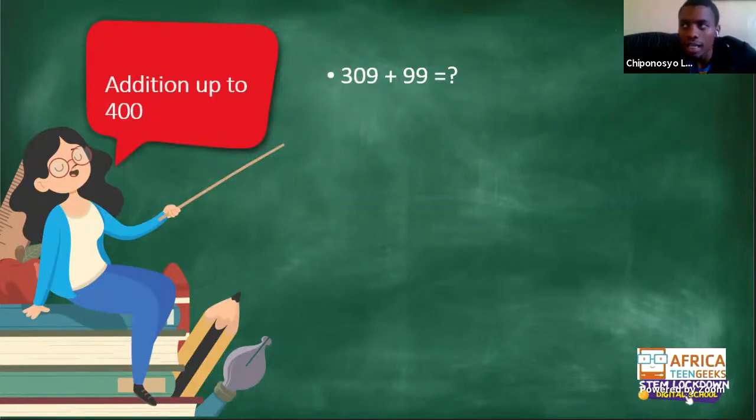And if you guys are getting a bit confused, you can just tell me, and then we will be able to do it together. So 309 plus 99. Let's work at it together.